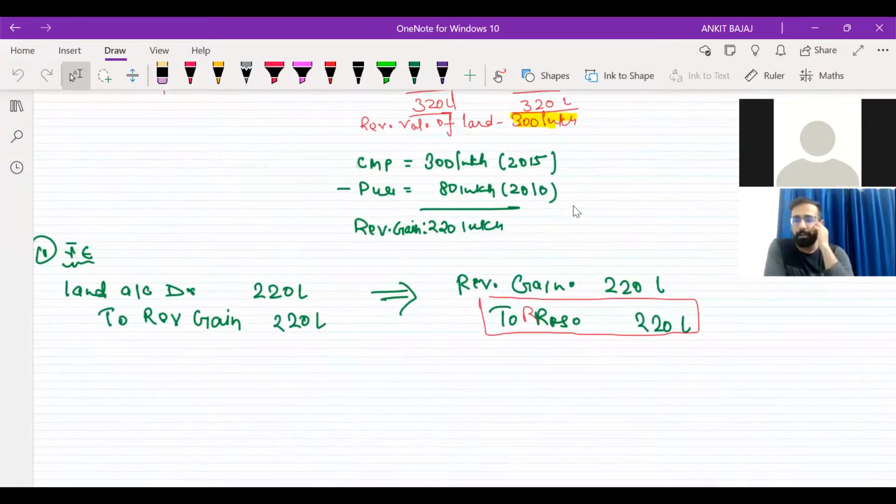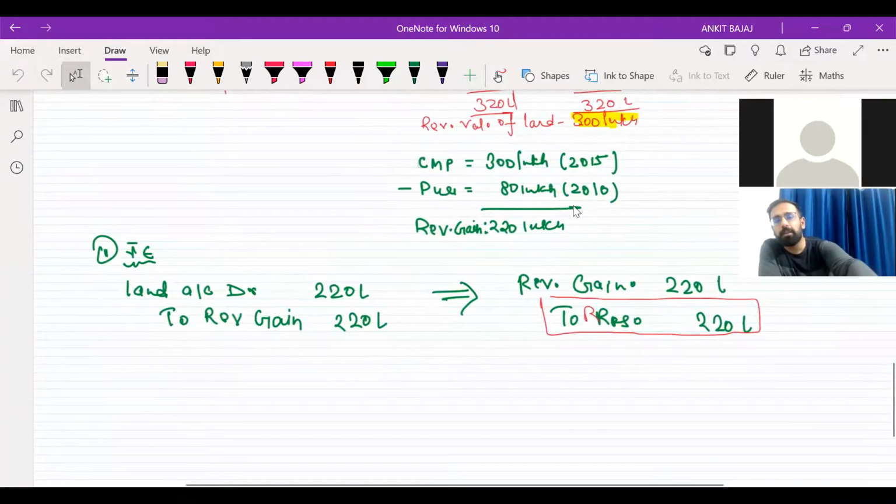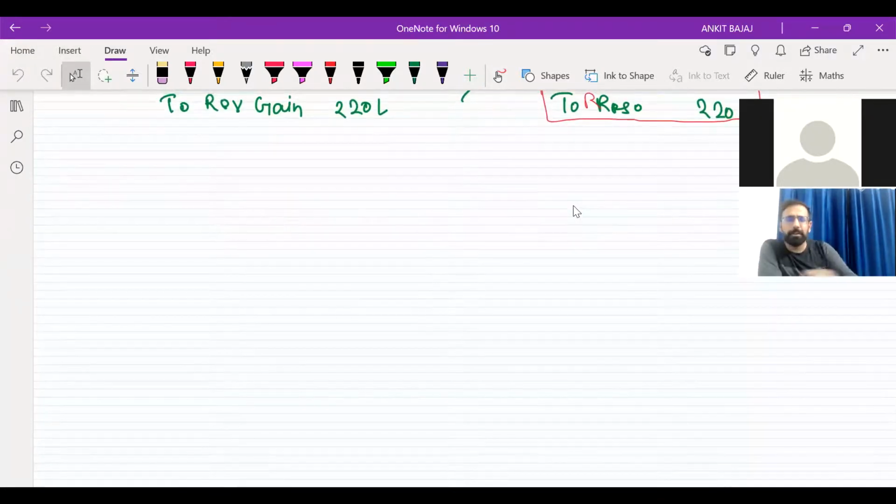Now, when we are preparing new books according to Ind AS or IFRS, how do we provide the adjustment? We will take the same example and see how we have to record the transaction in the books of accounts using the new set of rules, right? We have seen the format already, but I will show you the format again.